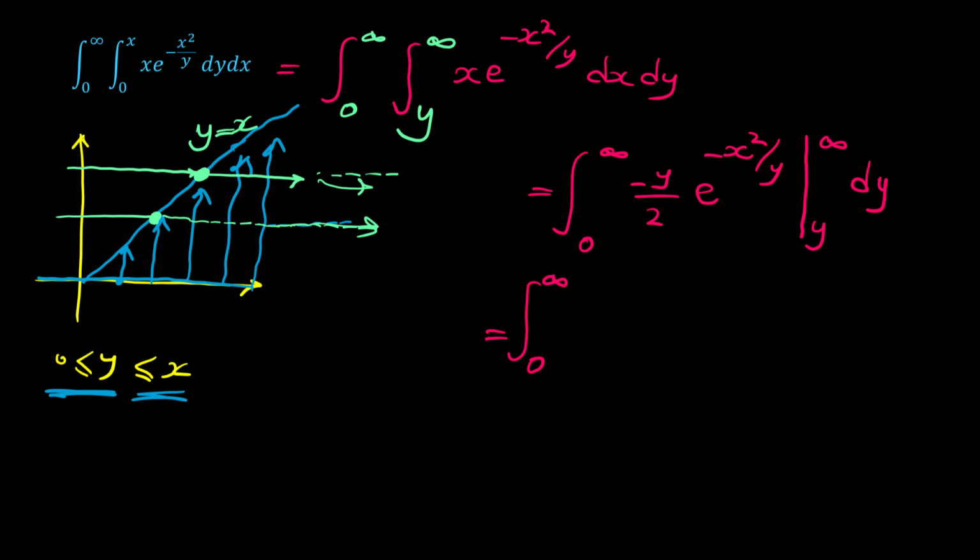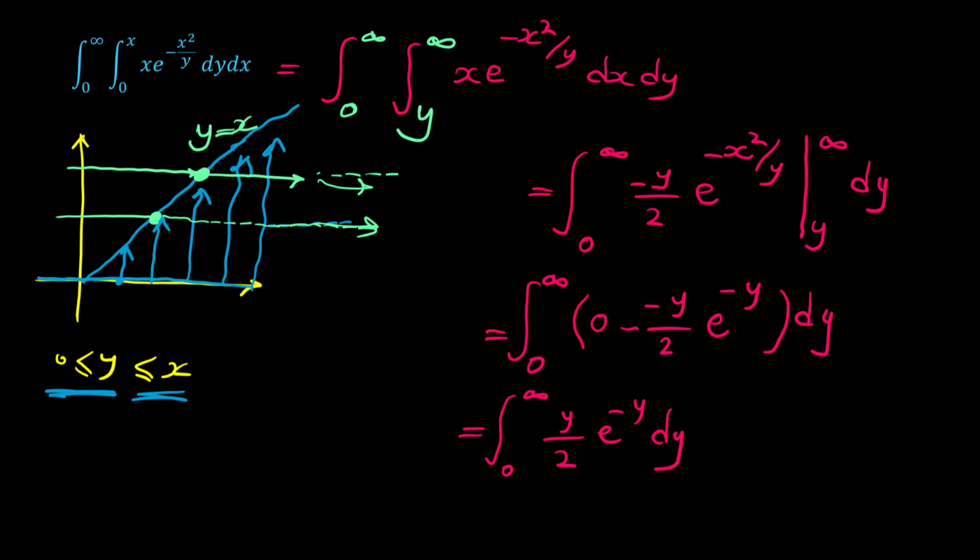So we have 0 minus, now we have to substitute y here. y squared over y is y, so we have minus negative y over 2 e to the power of negative y dy. And negative times negative is positive, so we have the integral from 0 to infinity of y over 2 e to the power of negative y dy.